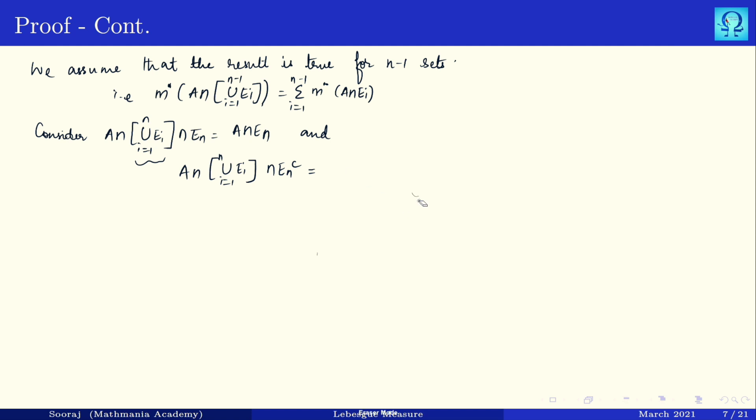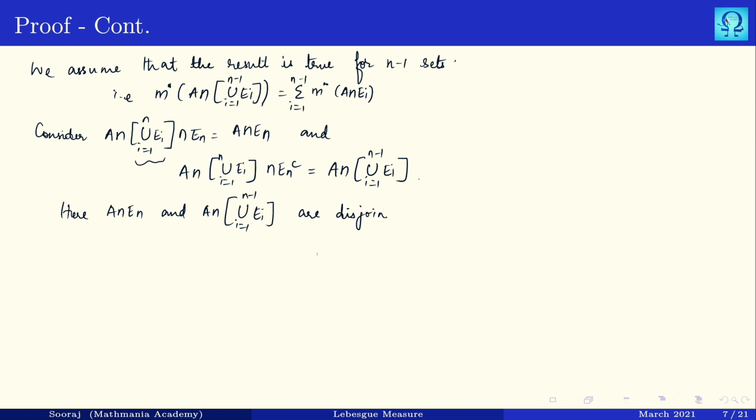So this is nothing but A intersection union i runs from 1 to n minus 1 Ei. Here if you notice very clearly, A intersection En and A intersection union i runs from 1 to n minus 1 Ei are disjoint sets. Now let us prove the requirements.